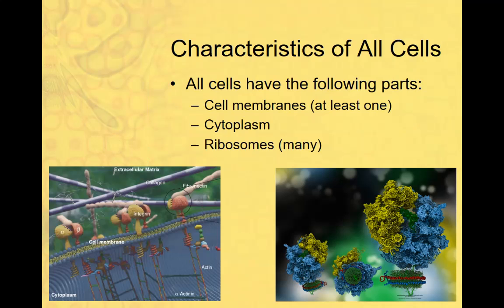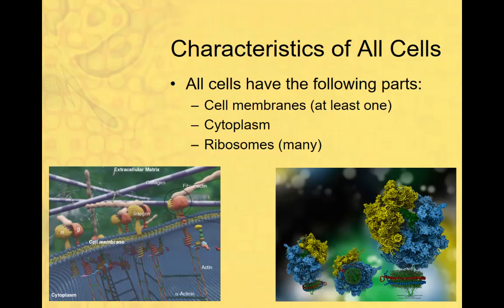Two, inside that cell membrane is the cytoplasm, some sort of fluid where all of these life activities take place. And three, they have to have ribosomes because ribosomes make proteins, and proteins do all of these key jobs throughout the cell.